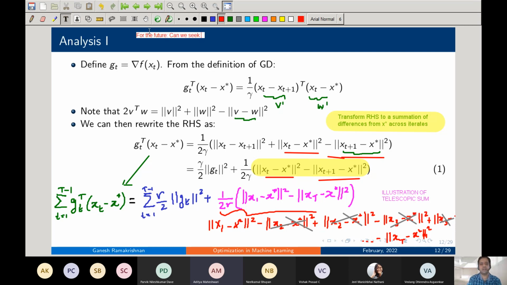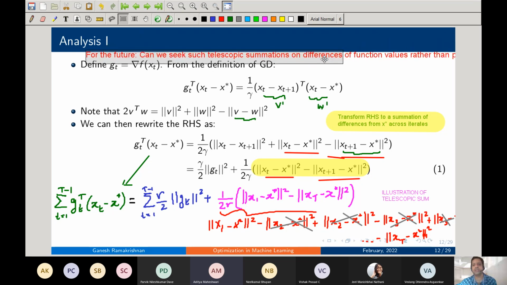Can we seek such telescopic summations on differences of function values rather than points? The problem with points is that two points might be very far away, yet their function values may be very close, or two points may be very close, but their function values may be large. Why can't we directly do this on the function values? This is just a question, a food for thought.